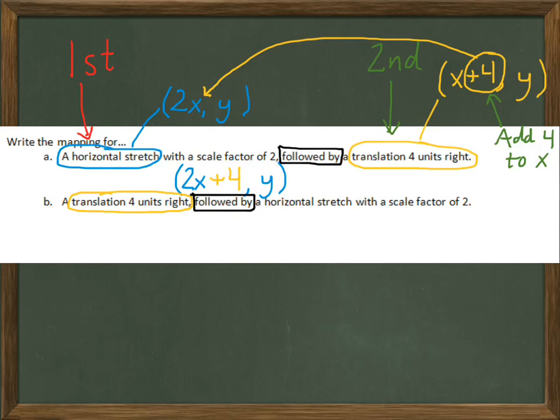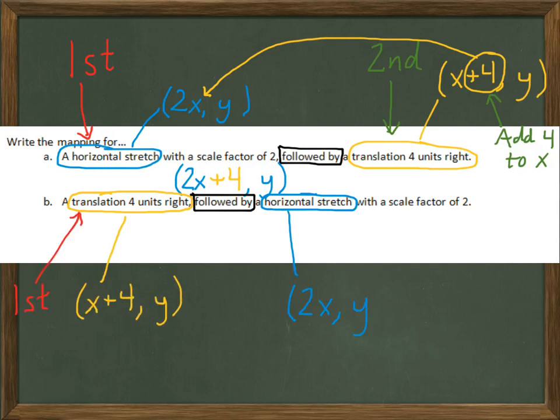In the next one, we're going to do the translation first, followed by the horizontal stretch. The translation happens first, and the horizontal stretch happens second. So I'm going to take the second mapping, which is to multiply x by 2, and do that to the first mapping. So I'm going to multiply the entire x coordinate by 2.